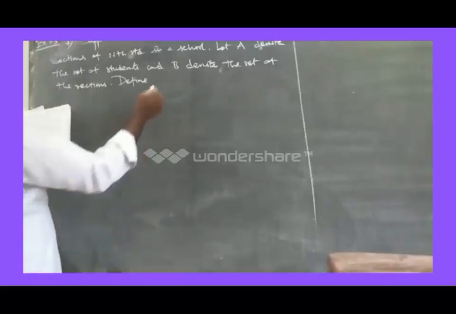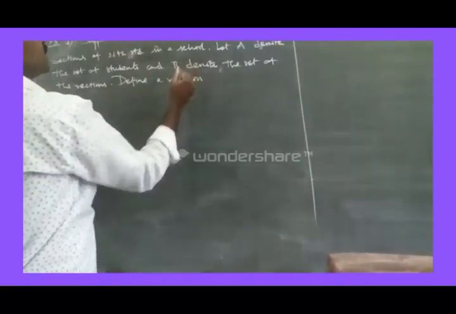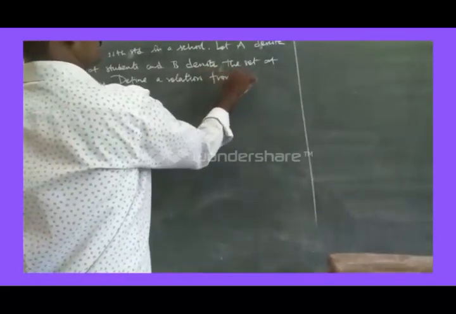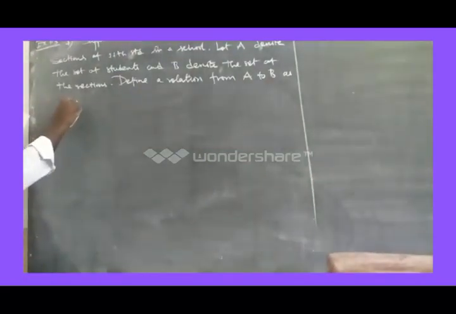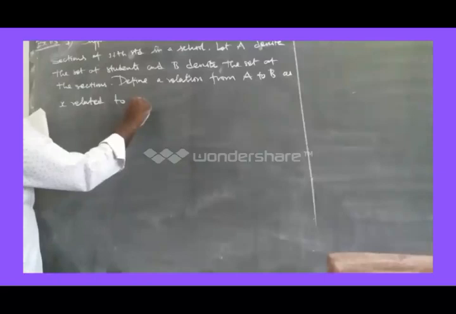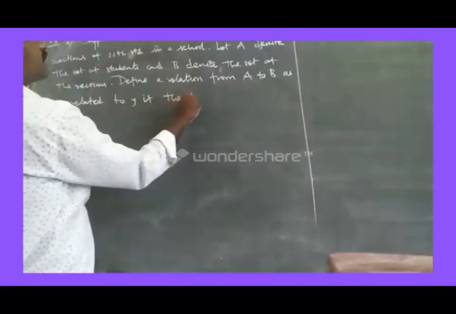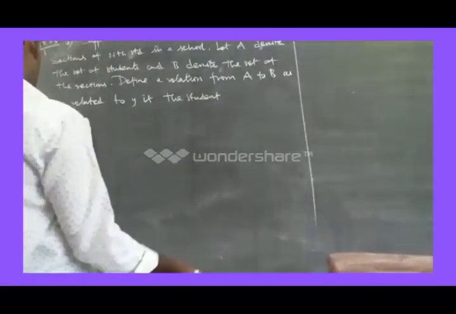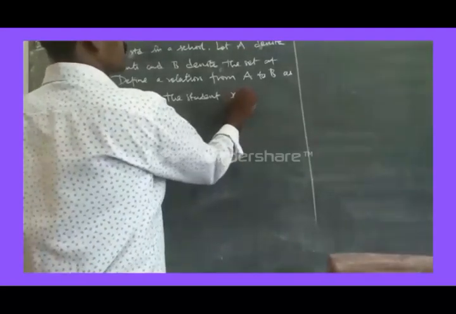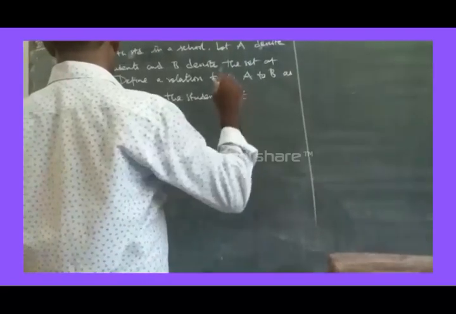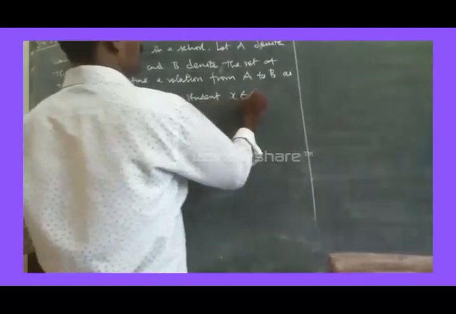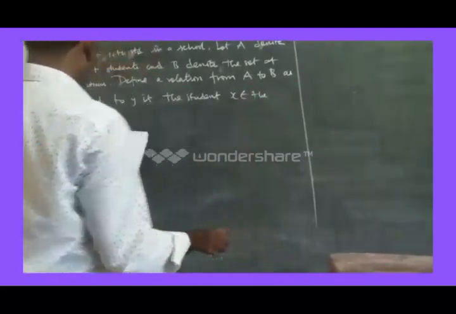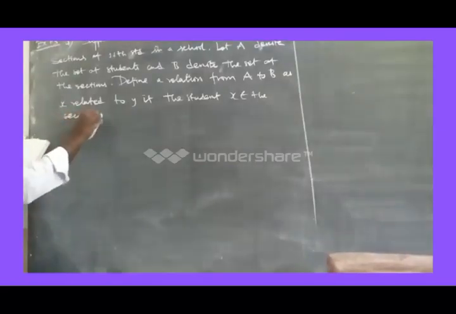We find a relation from A to B as x related to y if the student x belongs to the section y.